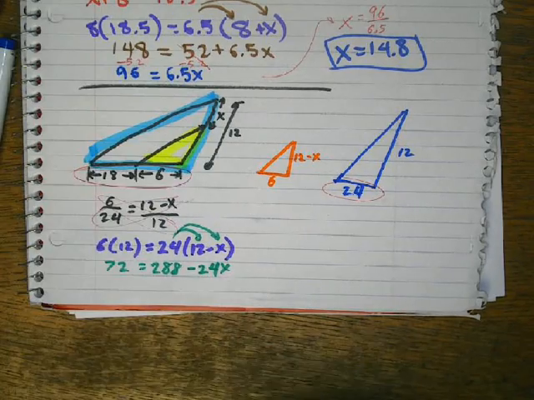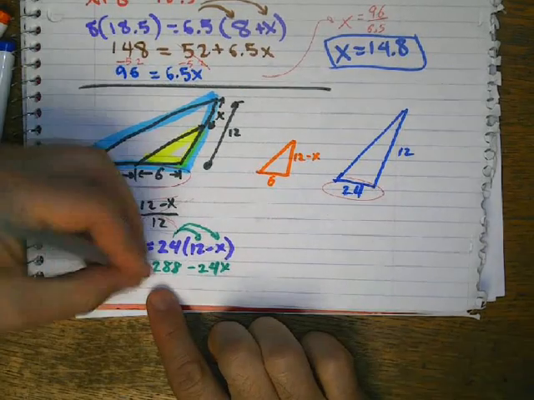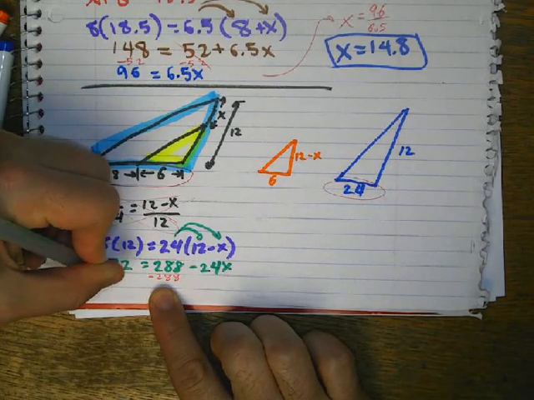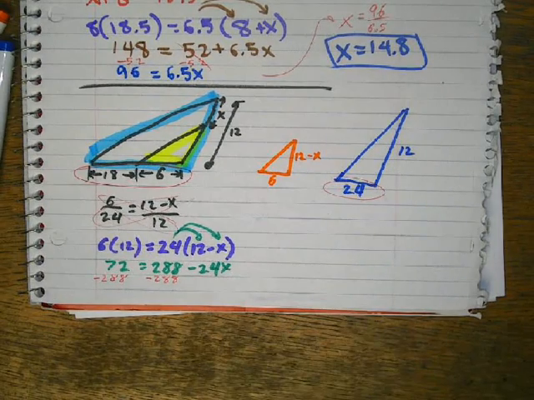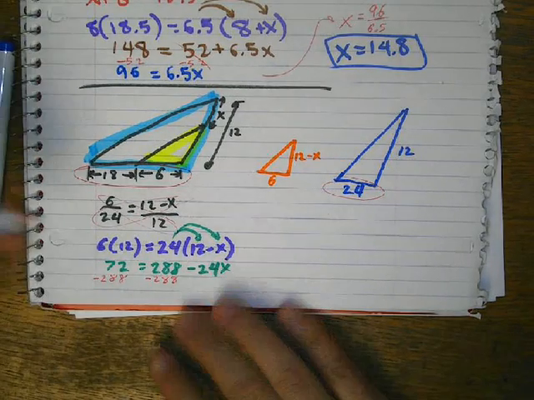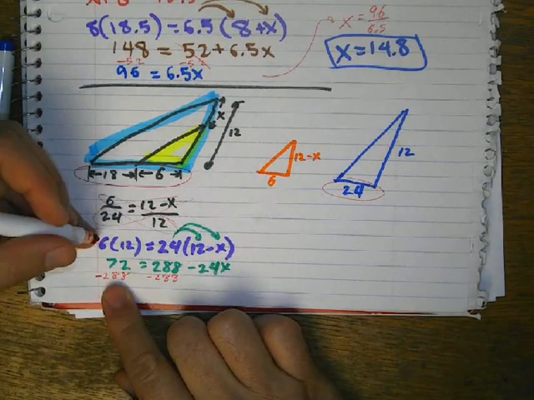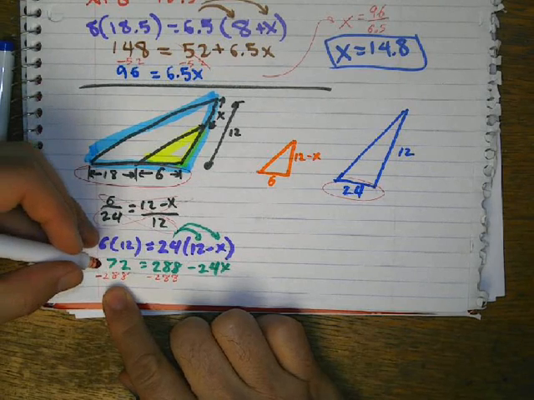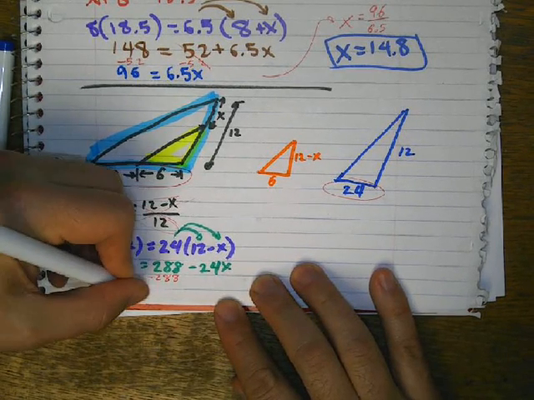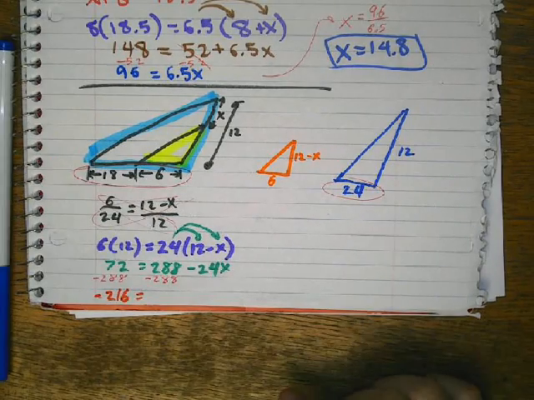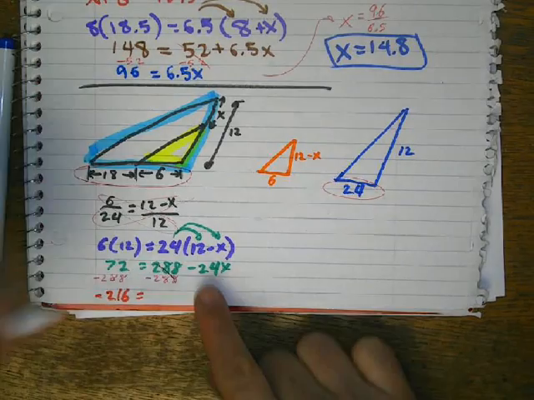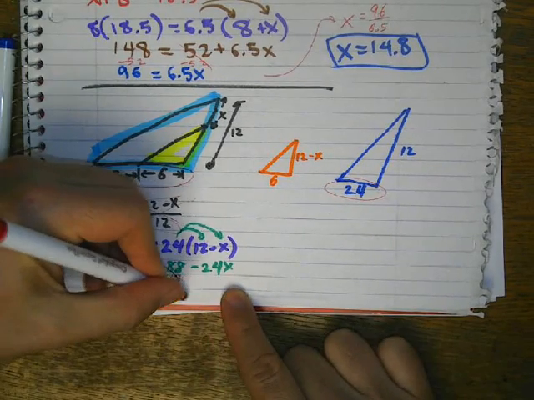And now I'm going to subtract 288 on both sides of the equal sign. And then we get 72 and negative 288 gives me negative 216. And that makes the 288 go away. And now we have minus 24x.